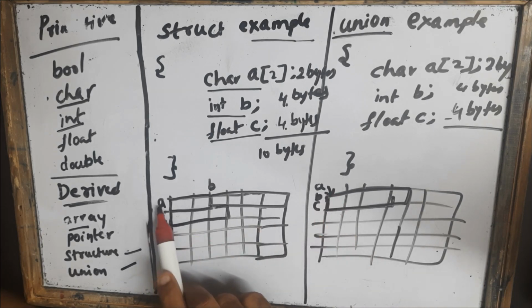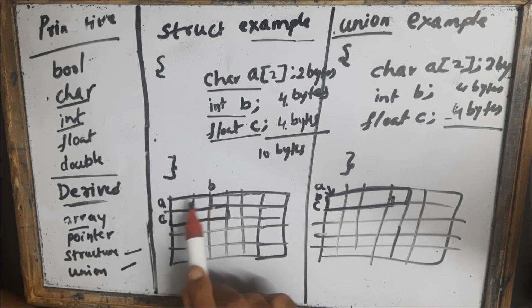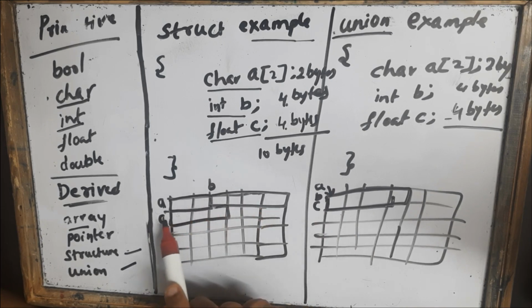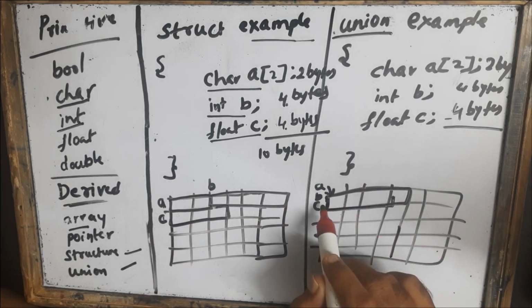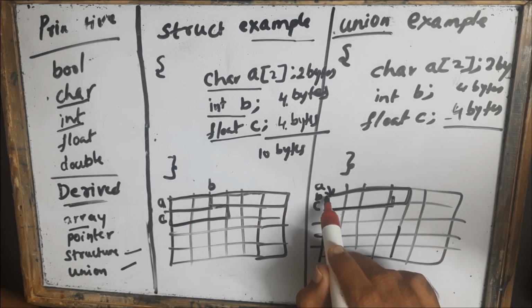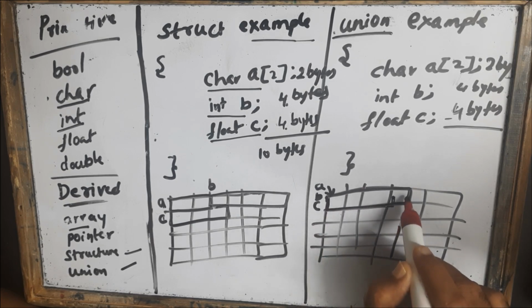So here you can see the A is pointing to the first 2 bytes, then B the next 4 bytes, and C the next 4 bytes. But here all A, B, C will be pointing to the same 4 bytes.